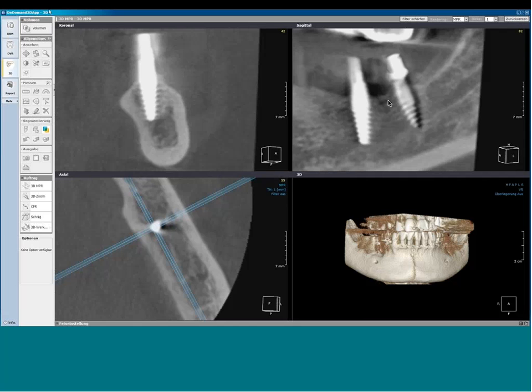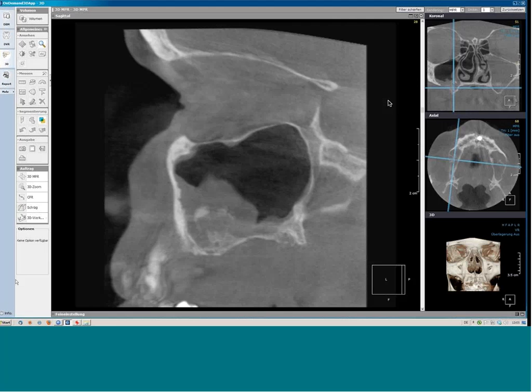Let's say a more severe case is this one, and I remember that she came last year just some hours prior to the planned implantation. And some weeks before, the colleague put some augmentation material in the sinus floor, and what you can see here in the sagittal view of the right maxillary sinus is, let's say, some kind of heterogeneous structures of this augmentation material.